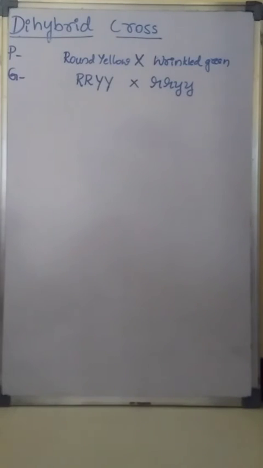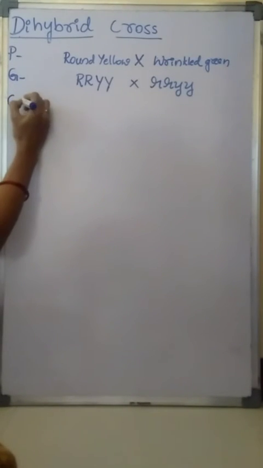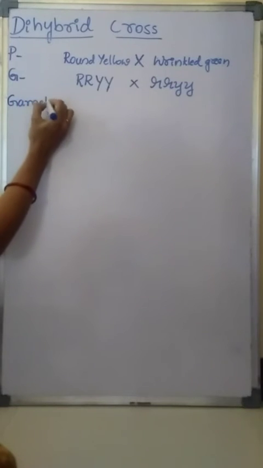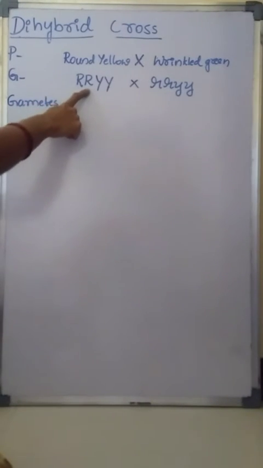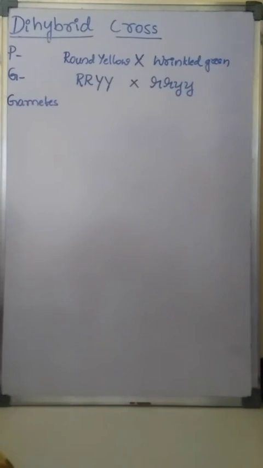Next step is the formation of gametes. What are the types of gametes produced by homozygous dominant forms and homozygous recessive forms?